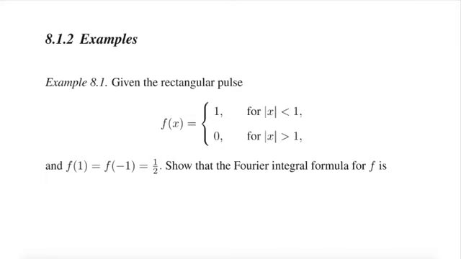Let's do an example here. So we have the function f of x is 1 for x less than 1 and 0 for x bigger than 1. So we have a jump at x equal to 1, and at this jump we say f is 1/2. So let's plot this quickly.